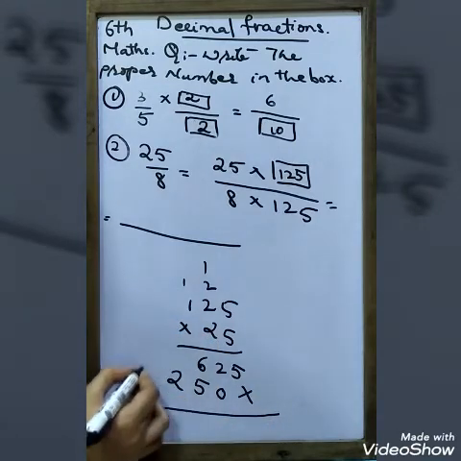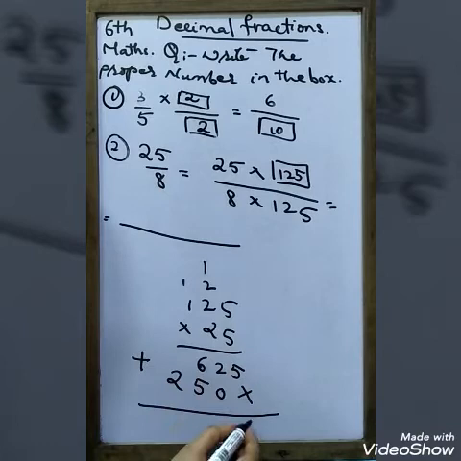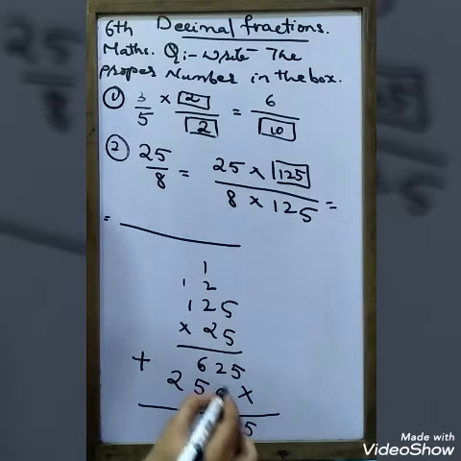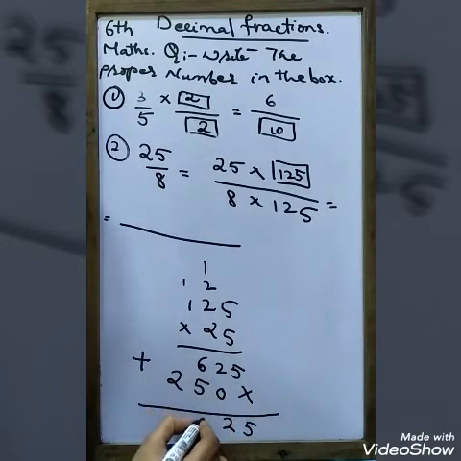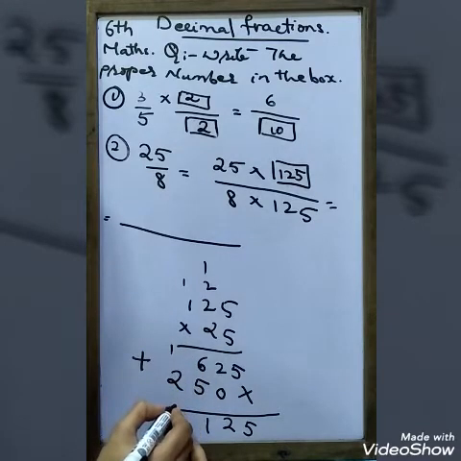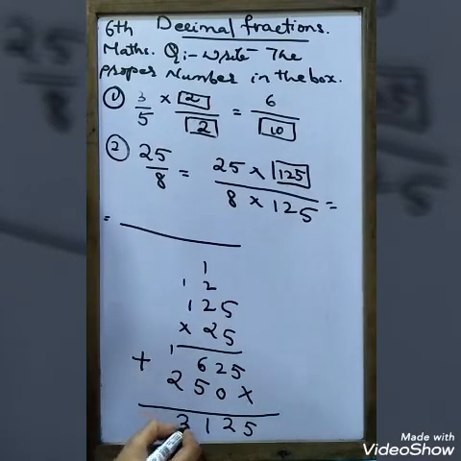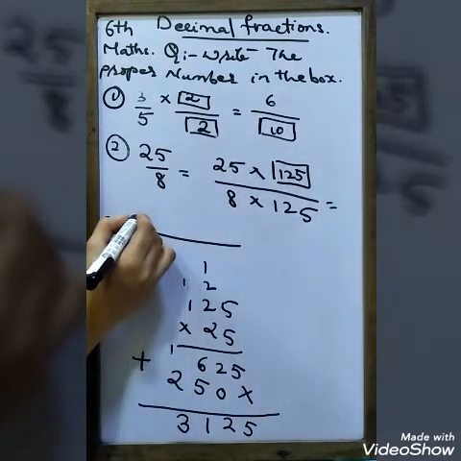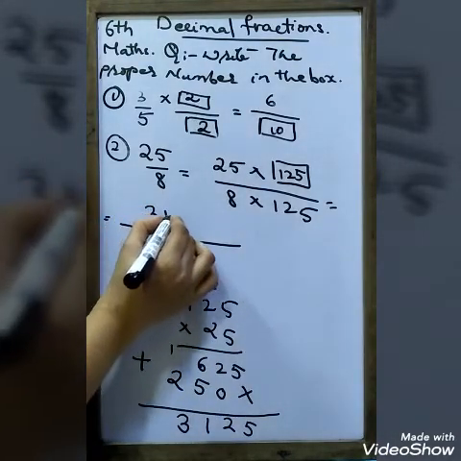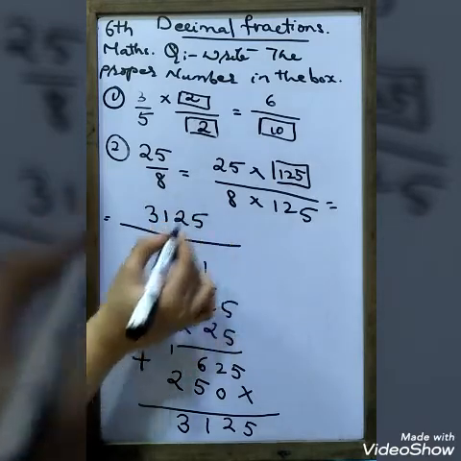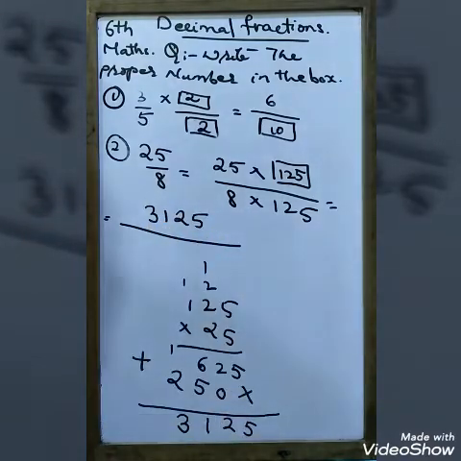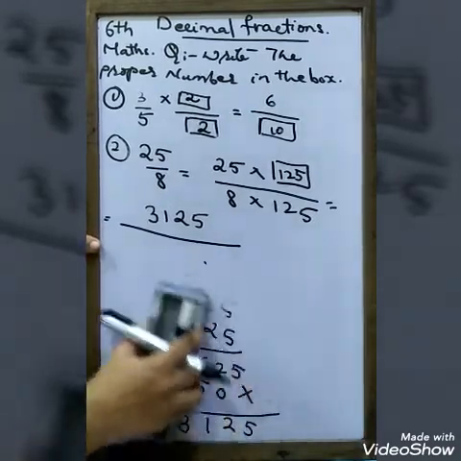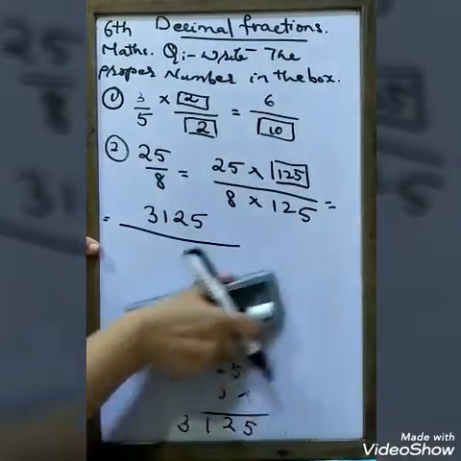So the answer of the multiplication will be 3125. Upon here we are supposed to multiply the 8 by 125.